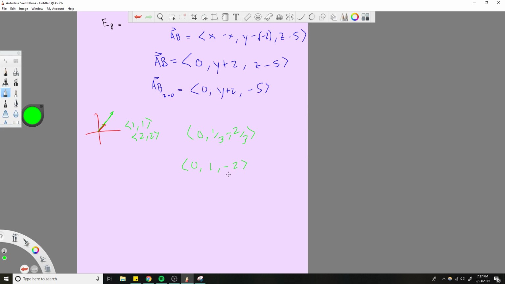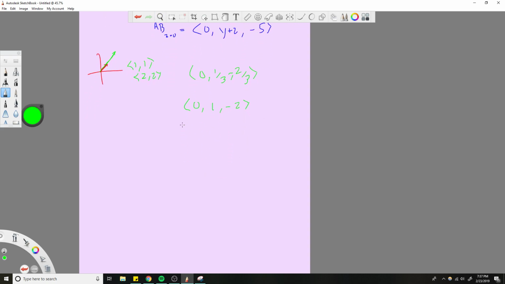Now we know the relationship between z and y, right? So the z component of this vector would be the y component times -2, right?